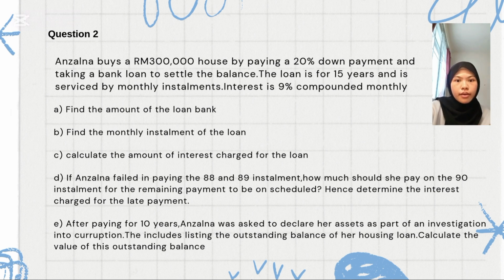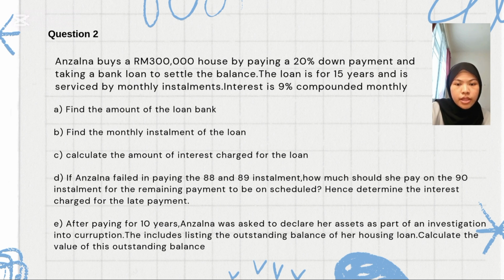B, find the monthly installment of the loan. C, calculate the amount of interest charged for the loan. D, if Anzana failed in paying the 88 and 89 installment, how much should she pay on the 90 installment for the remaining payments to be on schedule? Hence, determine the interest charged for the late payment.